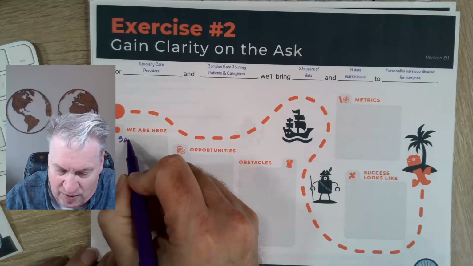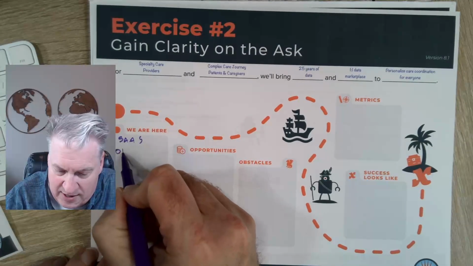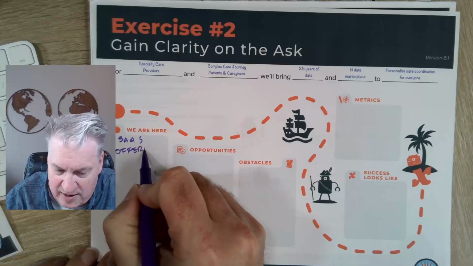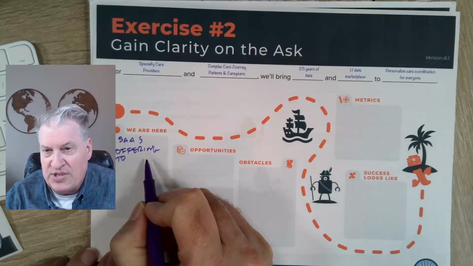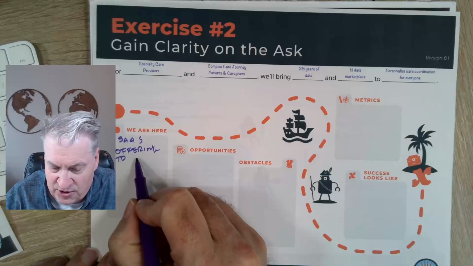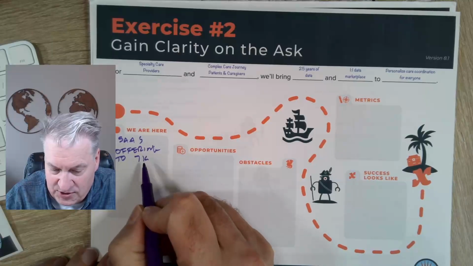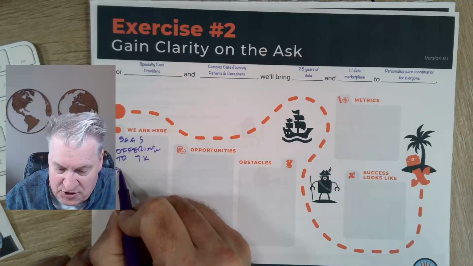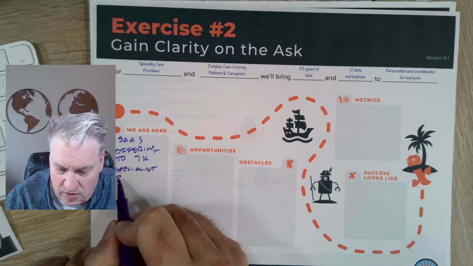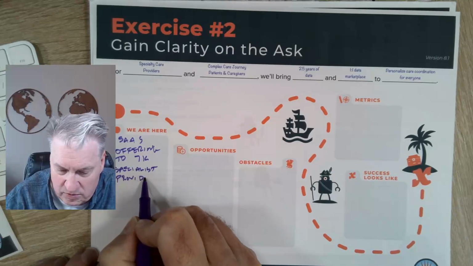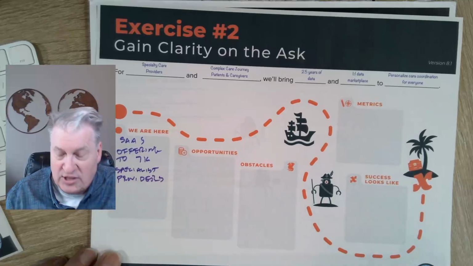Well, what we have right now is we have a SaaS offering and let's just say that they're serving that to 7,000 specialist providers. That's where they're starting from.